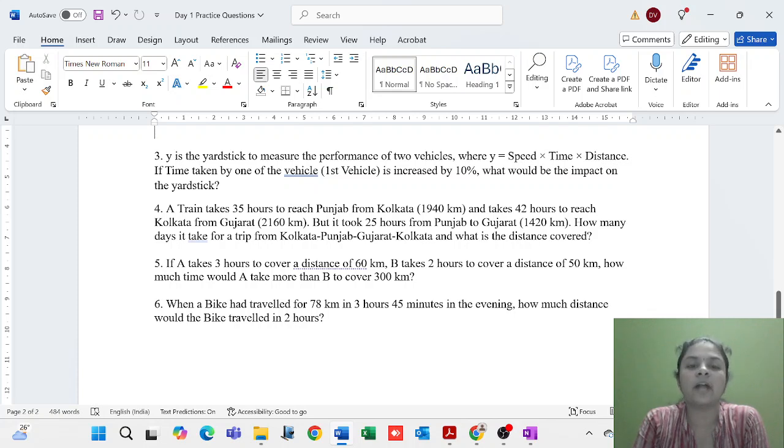So Kolkata to Punjab is 35 hours. Then from Punjab to Gujarat, it takes 25 hours.